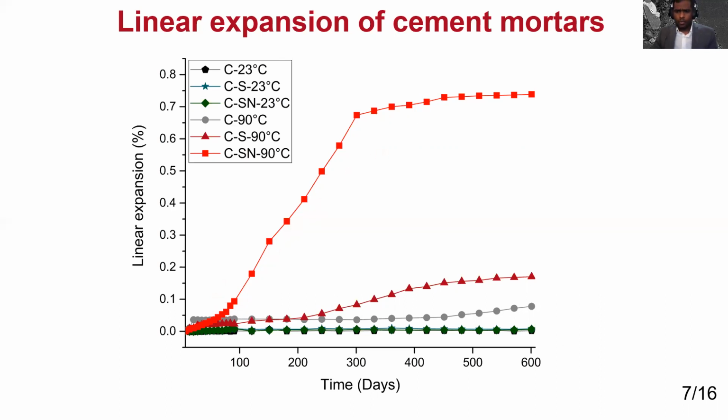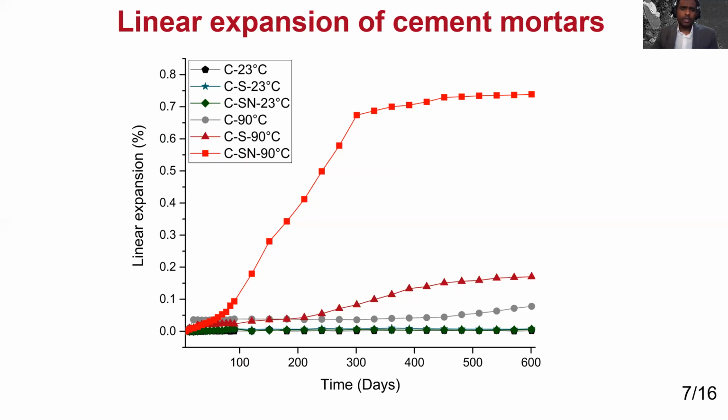So, what makes the difference? Why are some heat-cured mortars expanding? Why are others not expanding? So the answer lies in the chemistry of the cement, and similar results have been achieved by other DEF research works also for similar chemistry systems.